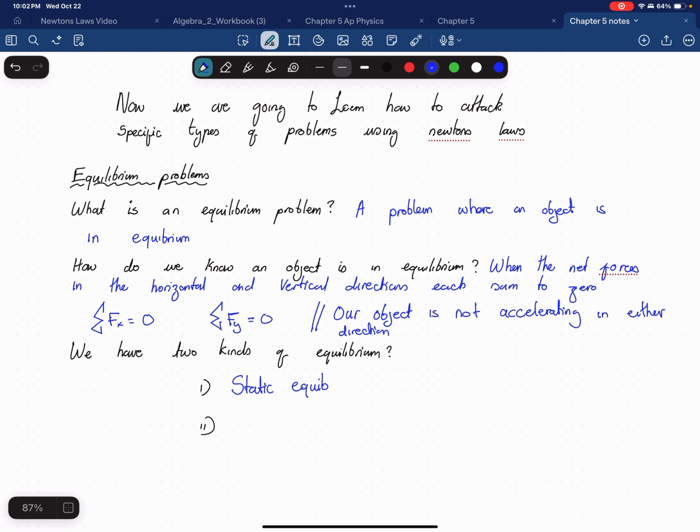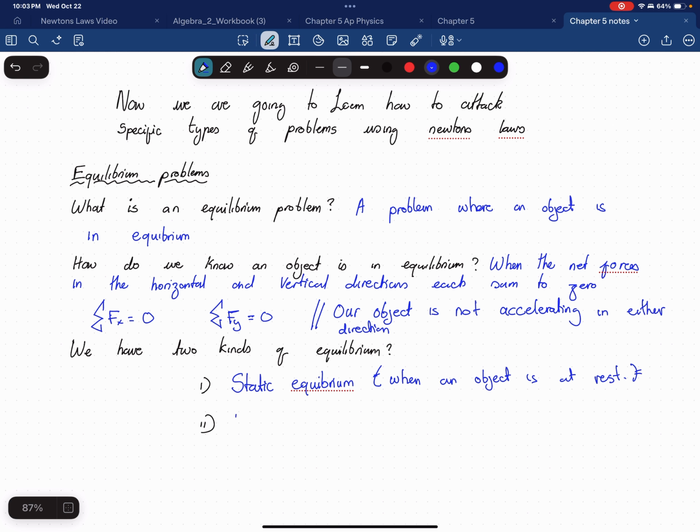This is basically when an object is at rest. An object is at rest. And then number 2, we have the dynamic equilibrium.